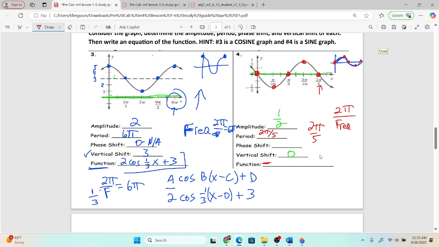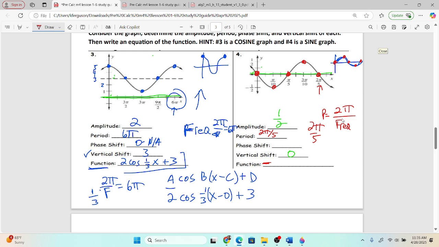And then the period says it is 2 pi divided by the frequency. So what would my frequency be? It'd be 5. Can everybody see why the frequency is 5? Because that's my period. Period equals 2 pi divided by the frequency. If my period is 2 pi over 5, then the frequency's got to be 5.